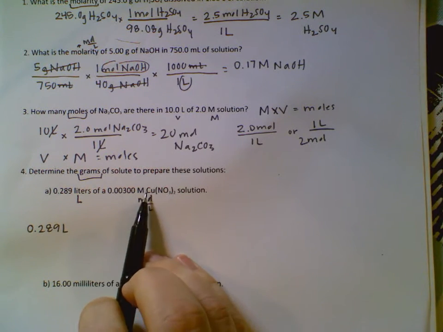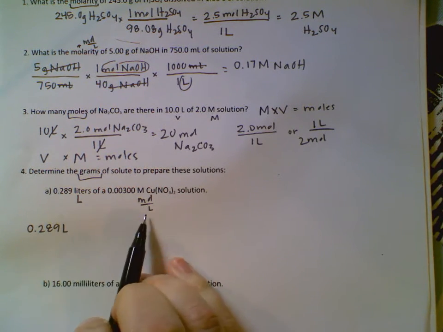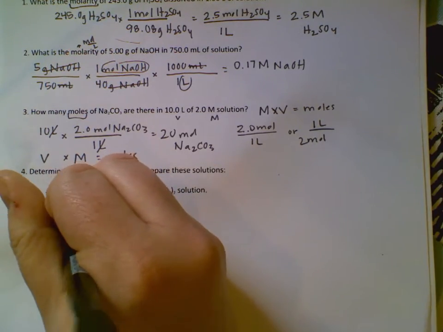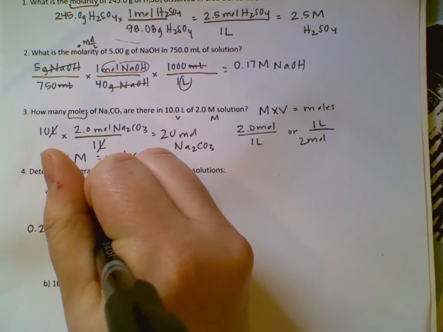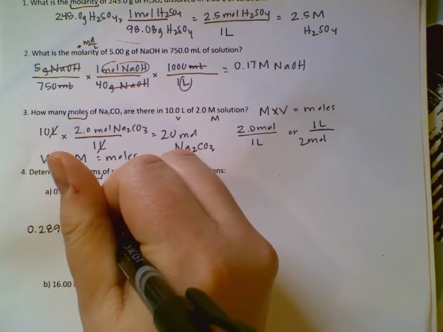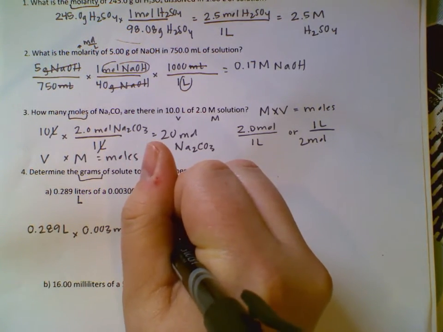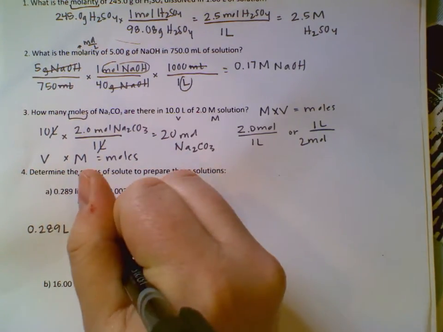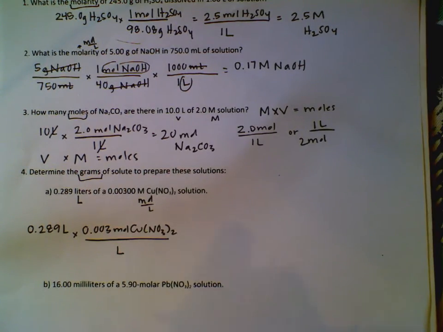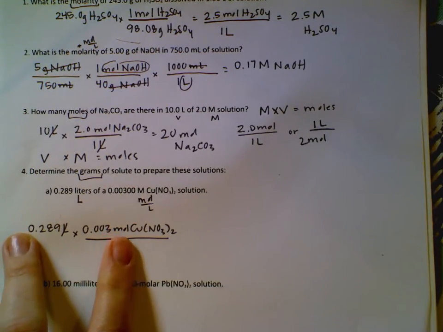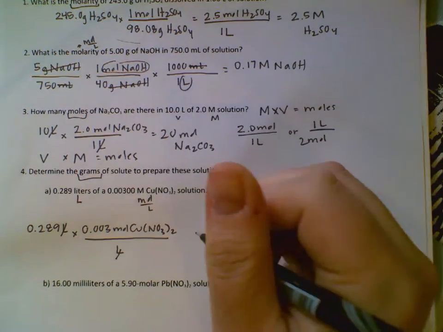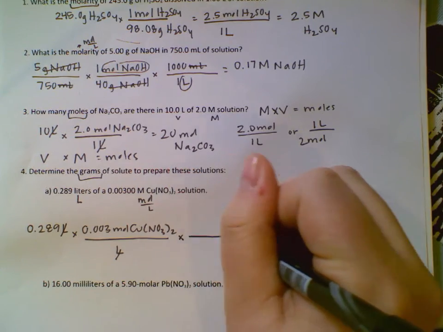And when I do that, the liters will cancel each other out, and I'm left with moles. So I'm going to take 0.003 moles of CuNO3 per liter. When I do that, liters are gone, and when I multiply these two things together, I get moles of copper nitrate.